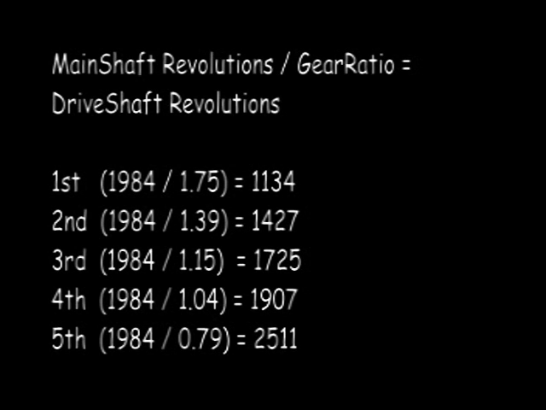So this is 1,134 revolutions of the drive shaft. And we can see that second gear has 1,427 revolutions, third gear has 1,725 revolutions, fourth gear has 1,907 revolutions, and fifth gear has 2,511 revolutions per minute.